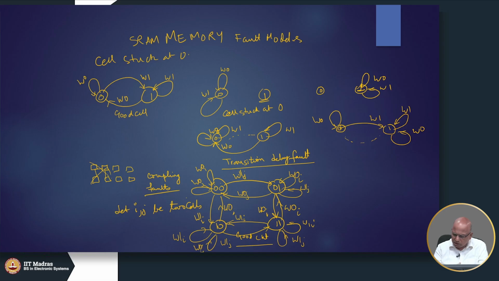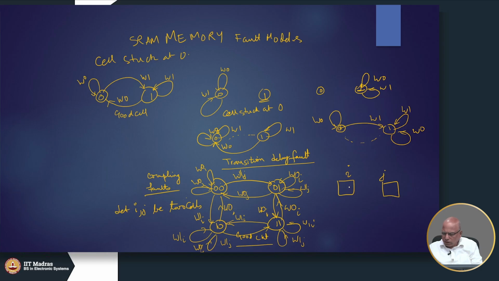So, this is how a good circuit behaves, but there could be a coupling fault because of which there is some interaction going on between the two cells. So, there could be an aggressor and a victim.